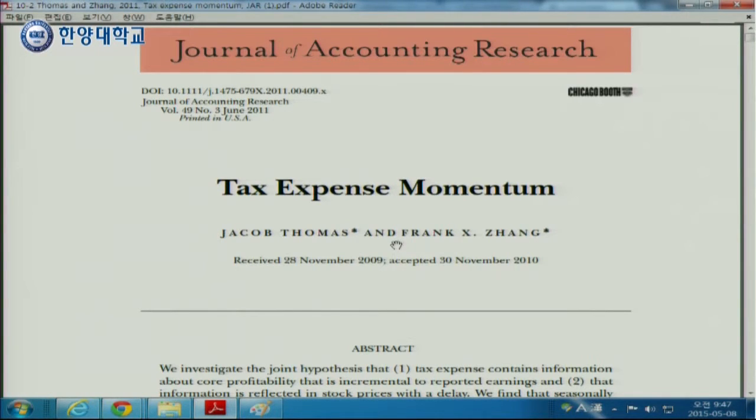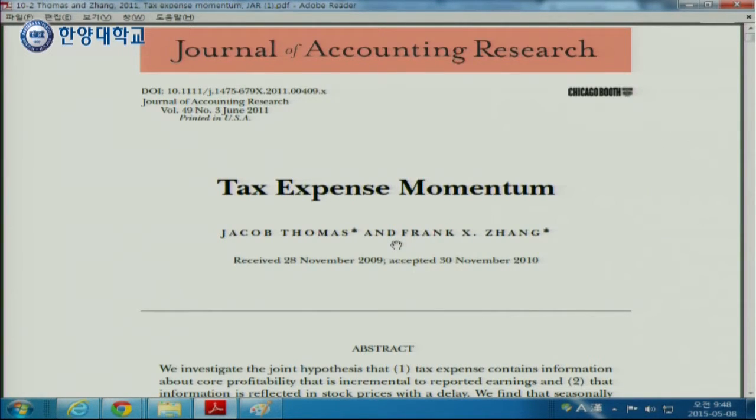Another key intuition about this paper is that tax expense surprise contains information about the core profitability of the company. So if there is a surprise in the core profitability or sustainable part of that company, like innovation or the business model, then there will be tax expense surprise as well.